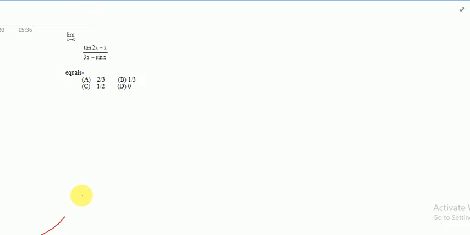Today I am going to discuss the concept of limits. In particular, in that limits, let me discuss about L'Hospital rule. So first of all, we should know what is L'Hospital's rule.